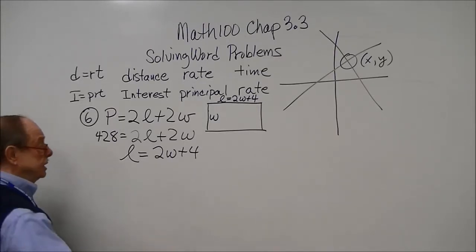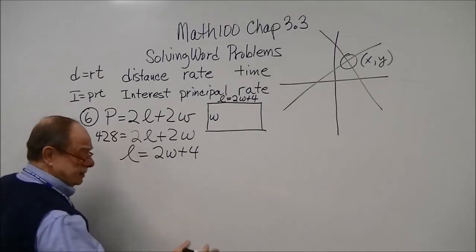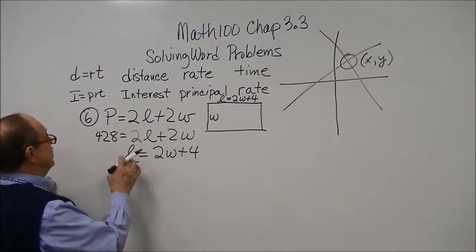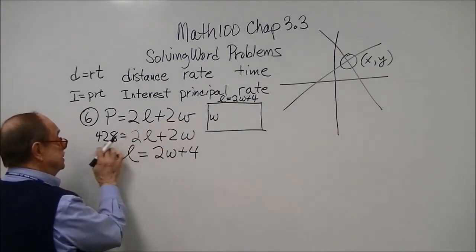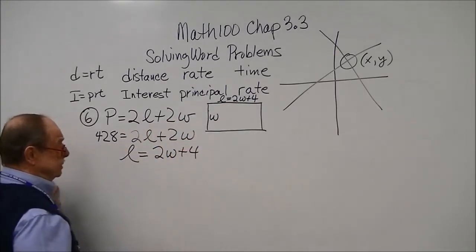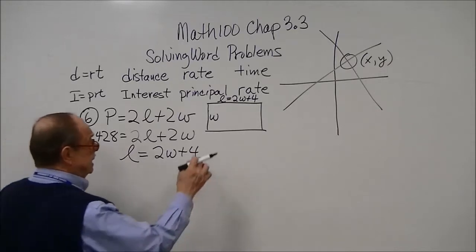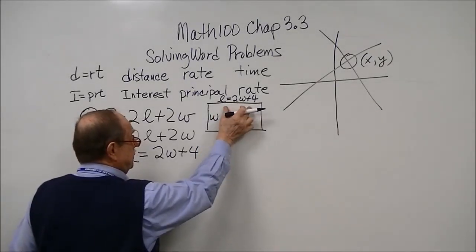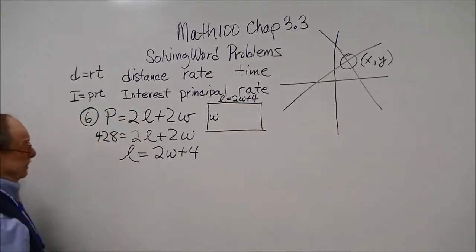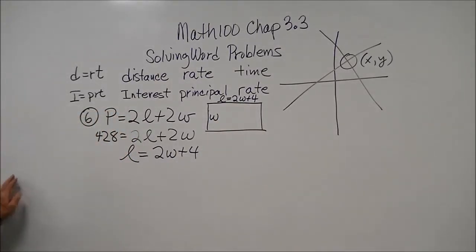So based on reading the problem, and I didn't write it all out, it's in your booklet, we know this is the perimeter and it's 2 lengths plus 2 widths. That's our first equation. And then they tell us that the length is 4 more than twice the width. And that's how we write that. So now we want to see where is a point of intersection.